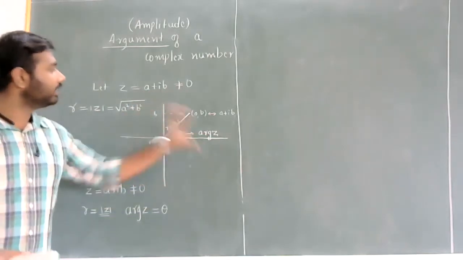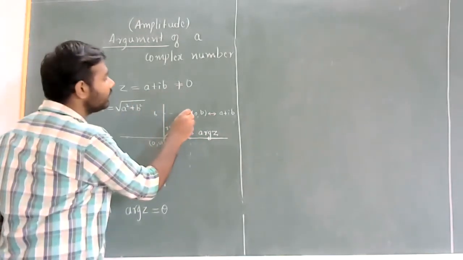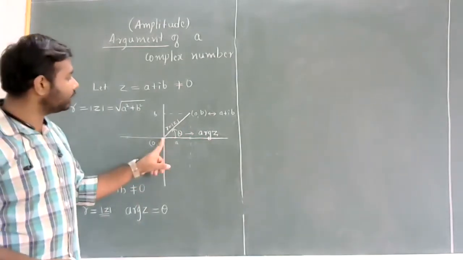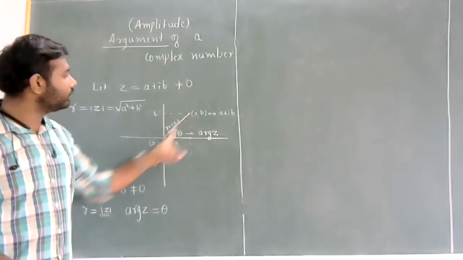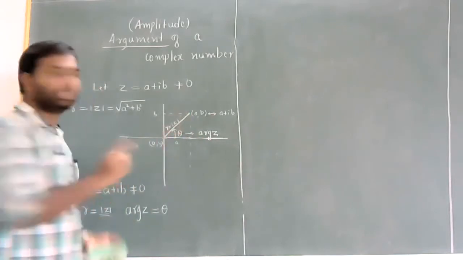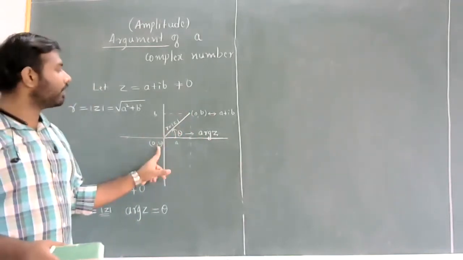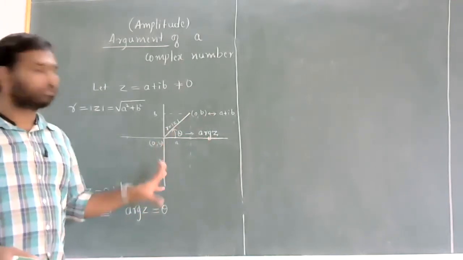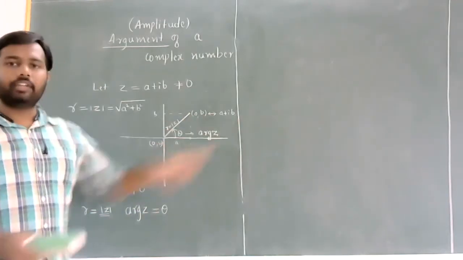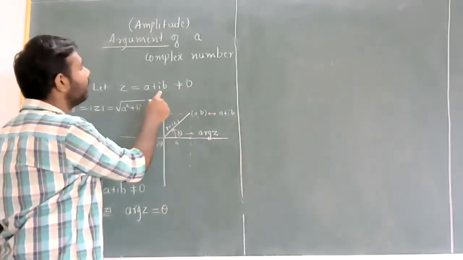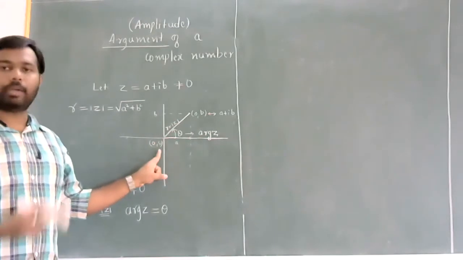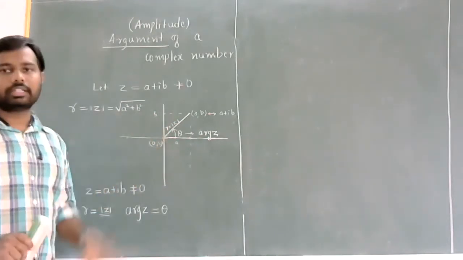By observing this graph, where is this point A plus IB? It is actually the end point of this line. Actually, this line has two end points. One is the origin, the other is A comma B. And the origin is common for any point. If you mark any general A plus IB, one of the end points of this line will obviously be the origin, so neglect that one.